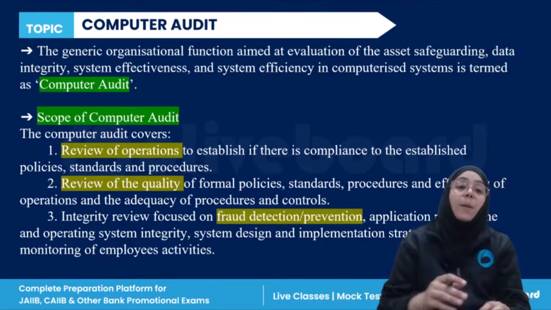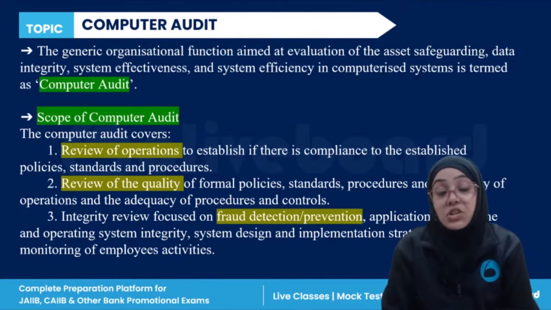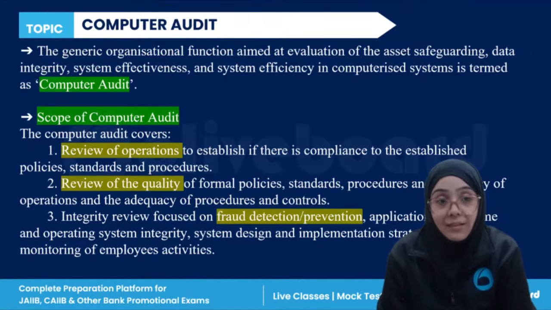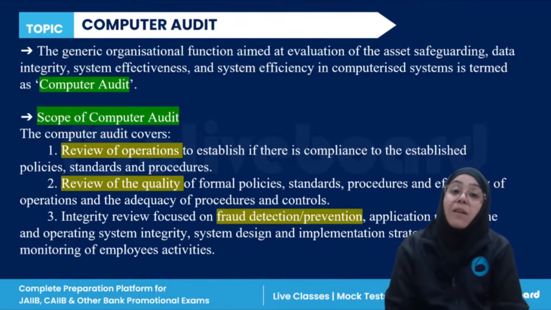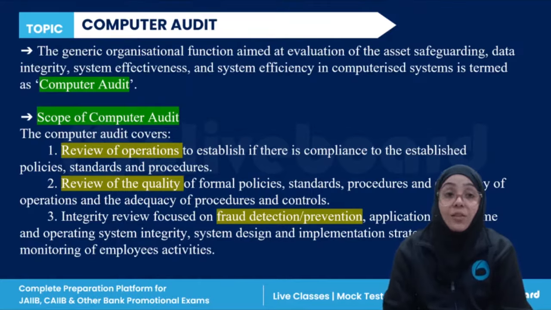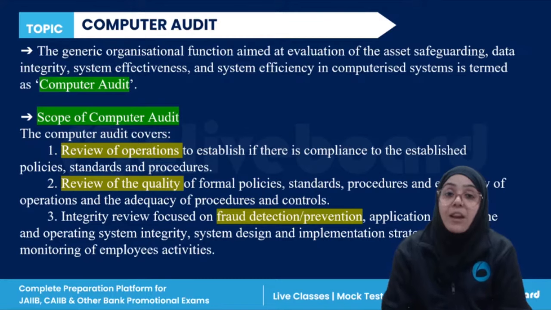Now, if we talk about the computer audit, what is a computer audit? Generic organizational functions aimed at safeguarding the assets, data integrity, and system effectiveness and efficiency are known as computer audit. It means you are regularly checking the computer for safeguarding of the data and for system effectiveness and efficiency.